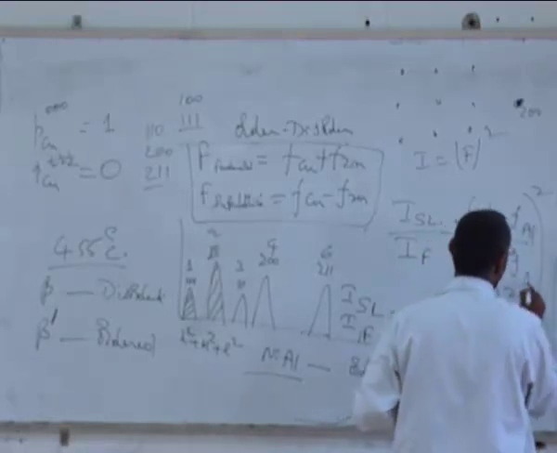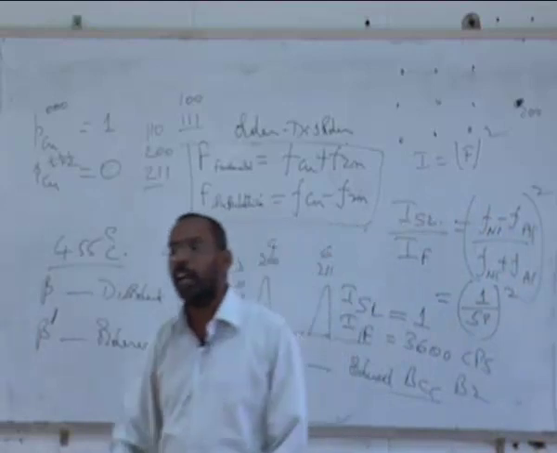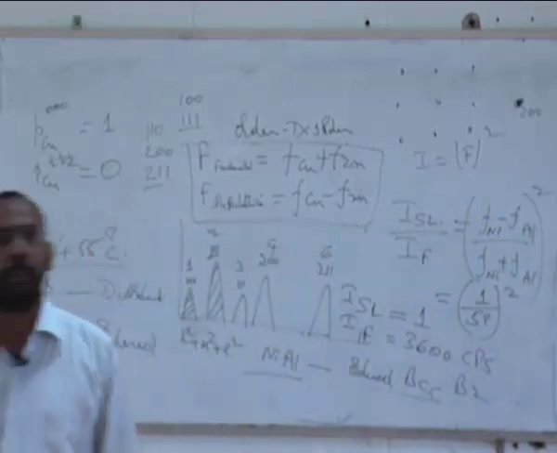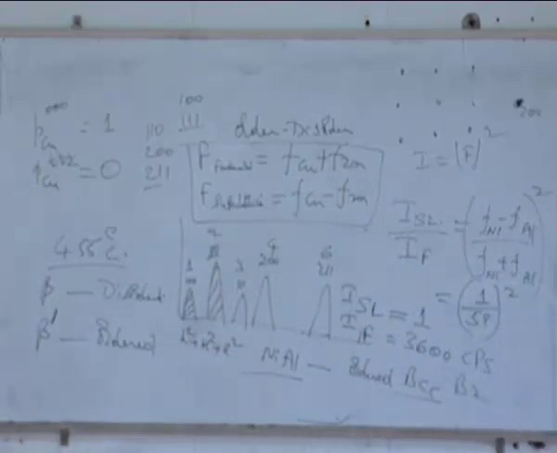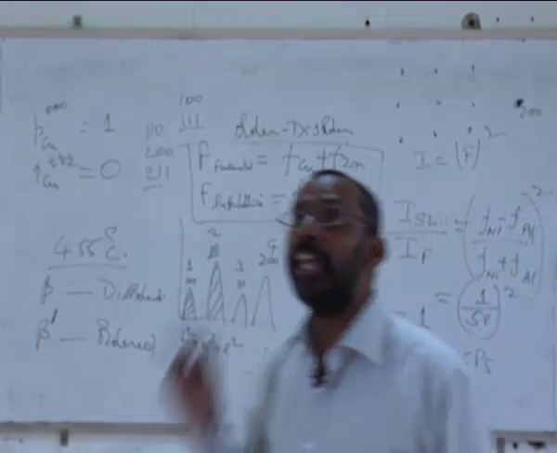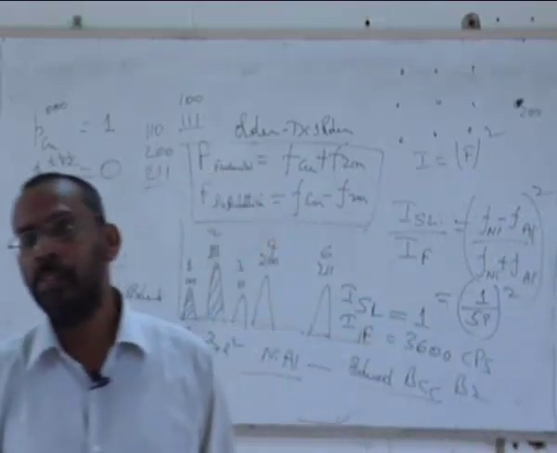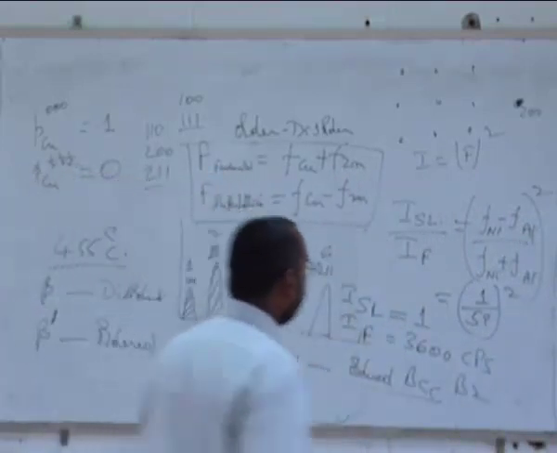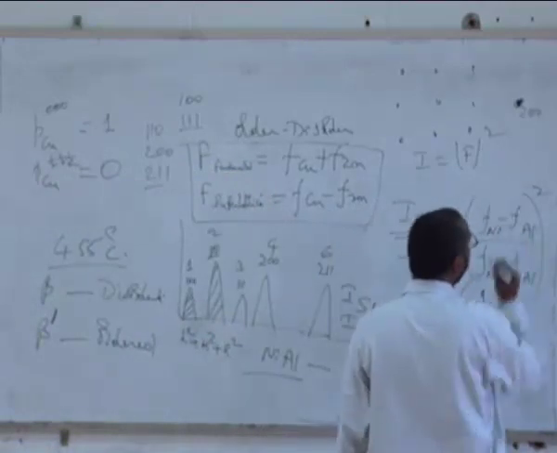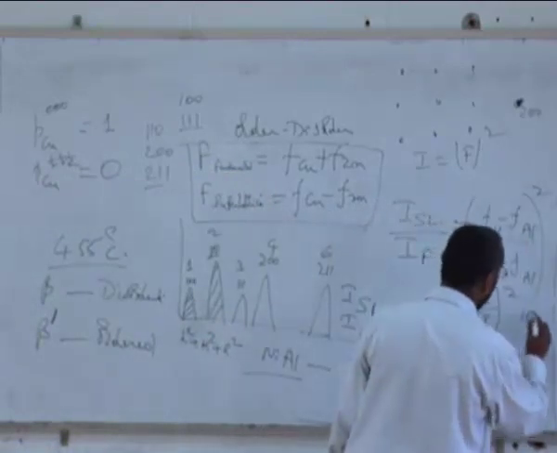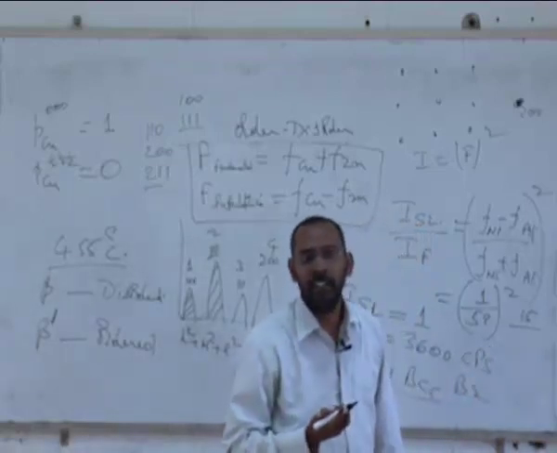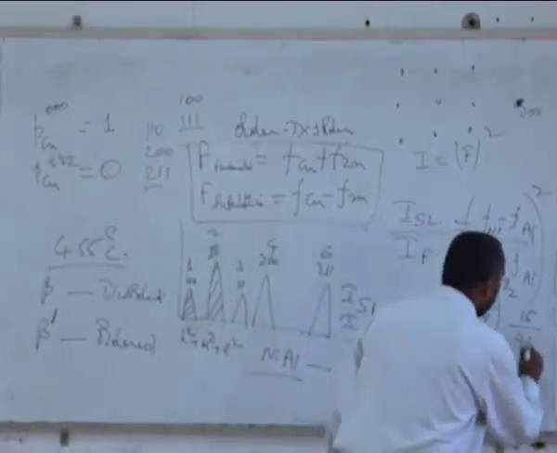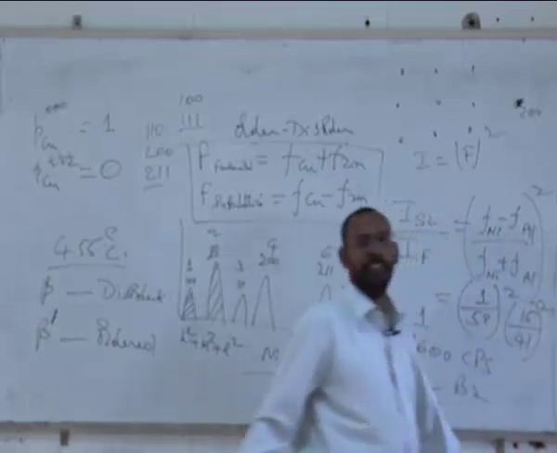Now tell me, do we know the atomic number of nickel and aluminum? Nickel is 28. And aluminum? 13. So you can see here it is 28 minus 13, that means 15, divided by 28 plus 13, 41. So this is the one.